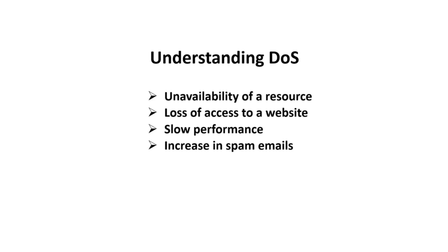So, what are the signs of a potential DoS attack? Here are a few things which may indicate that a DoS attack is in effect: the unavailability of a resource, the loss of access to a website, slow performance, and an increase in spam emails.